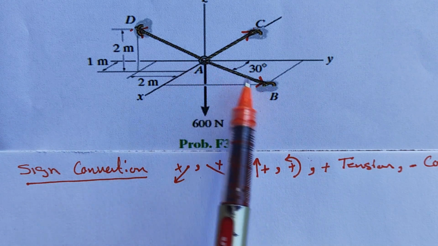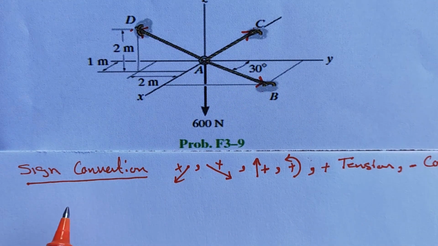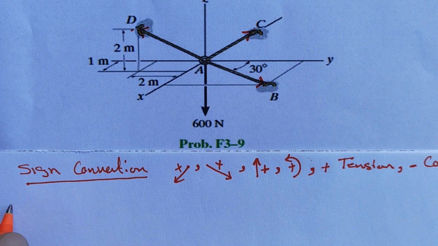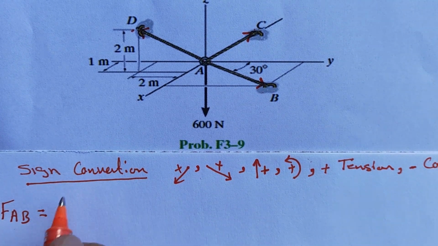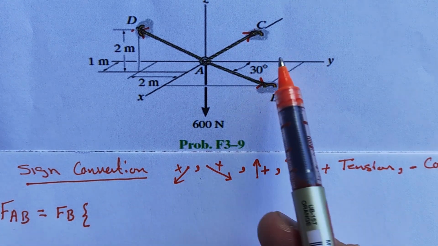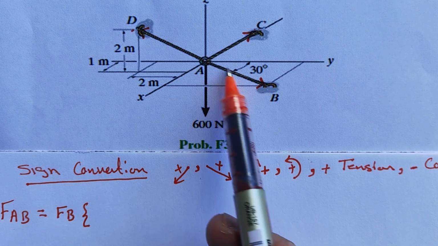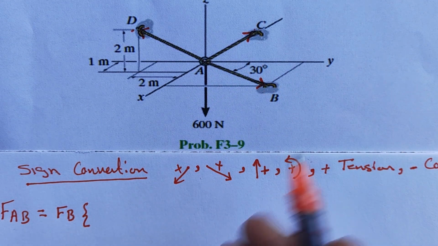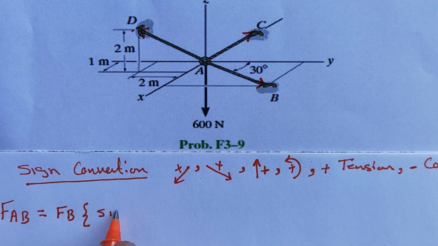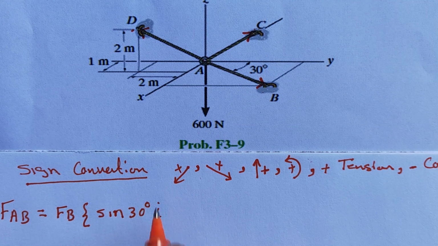So let's start with AB, the force AB. The force FAB in a Cartesian form will equal FB itself. Then the coordinates on the x-axis for FB will be sine 30 degrees i.